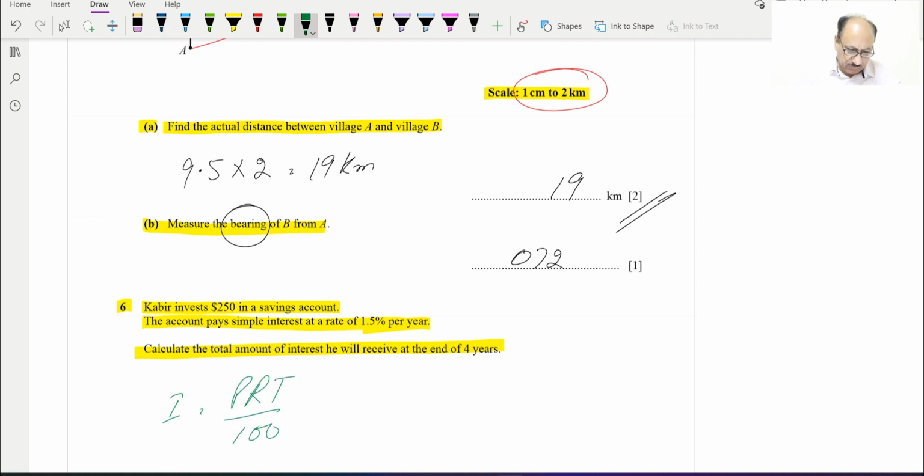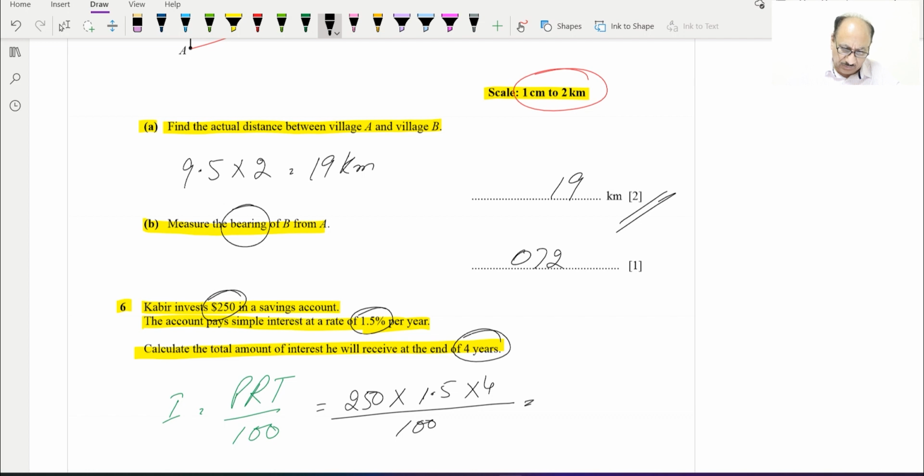This is the simple interest formula which we will be applying, and we know the principal amount is $250. So 250 times the rate, 1.5, and time duration is 4 years, and this will be divided by 100, which is given in the formula.